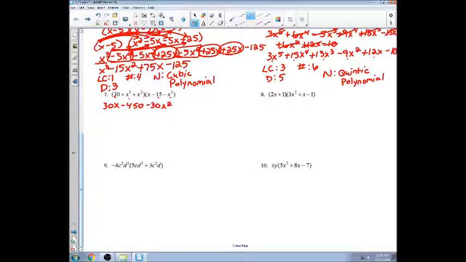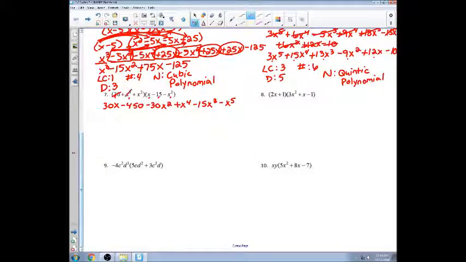Then the 30 is done. I don't have to worry about the 30 anymore. Now I'm going to take x to the cube times x, which would be positive x to the 4th. X cubed times negative 15 would be negative 15x to the 3rd. X cubed times negative x squared would be negative x to the 5th.